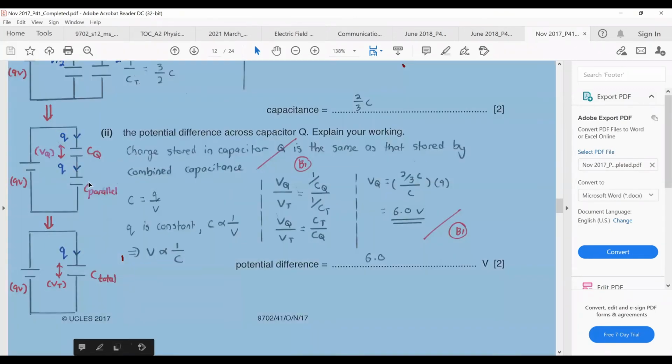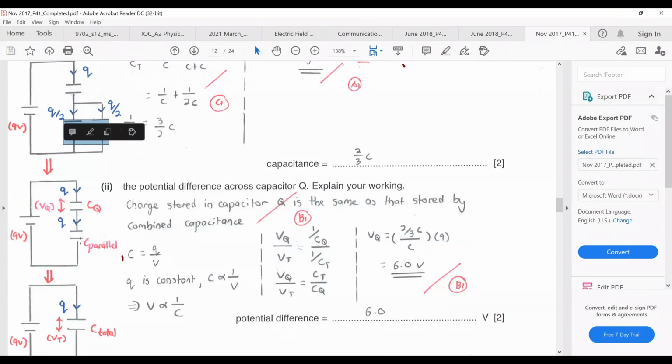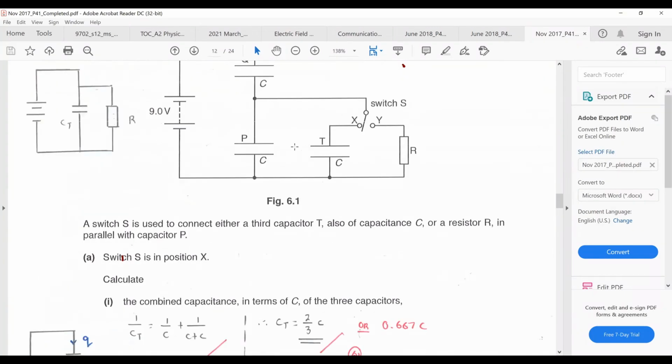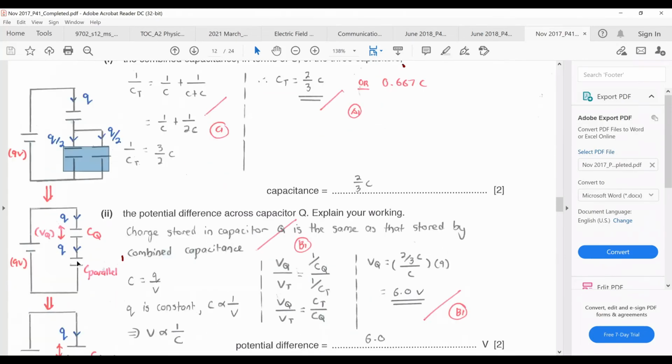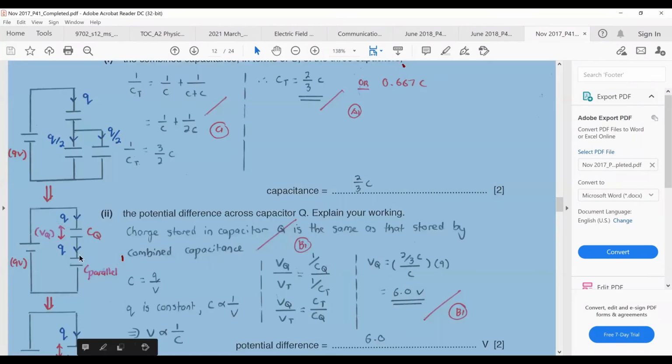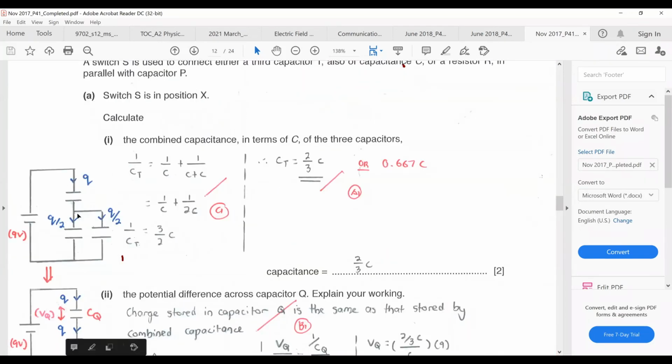Then after that, this parallel part here, if I break it again into the original, according to the original diagram, this one will be Q over 2, Q over 2. Why is it that this one is Q over 2, Q over 2?